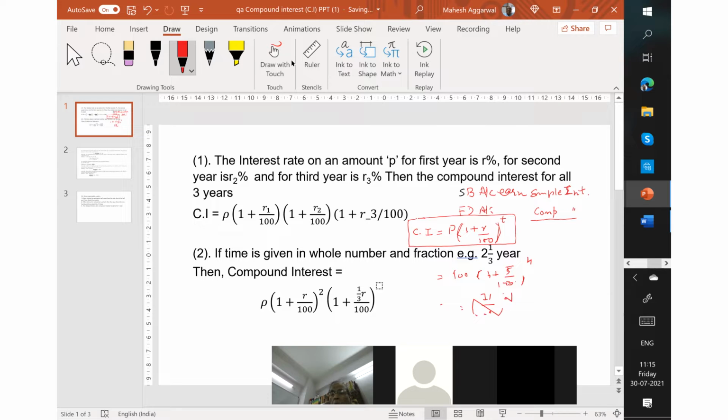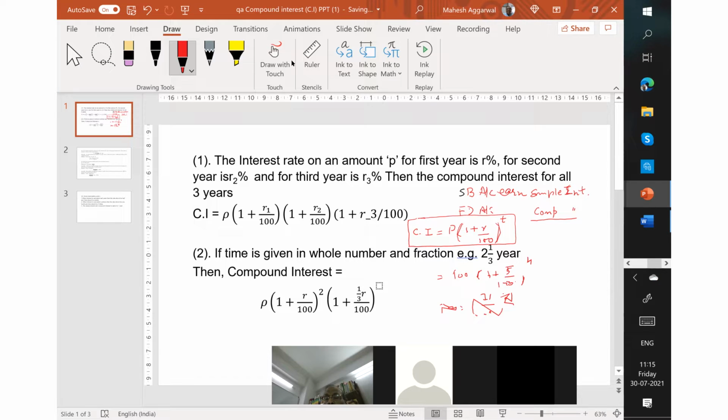Now just imagine you have to multiply this 21 by itself 4 times, and then you have to divide this product by 20. So this takes a lot of time.